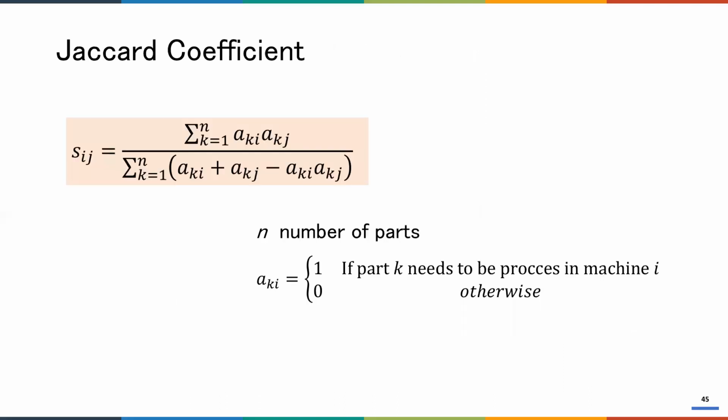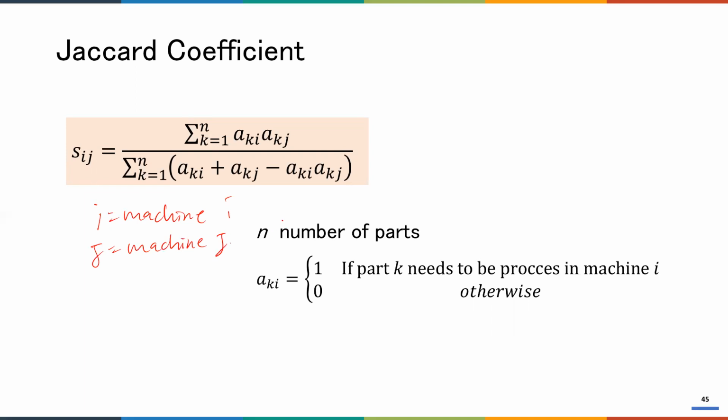How we do it is using this Jaccard coefficient similarity, where we will have this calculation, SSIJ. So the I is machine I, and J is machine J.